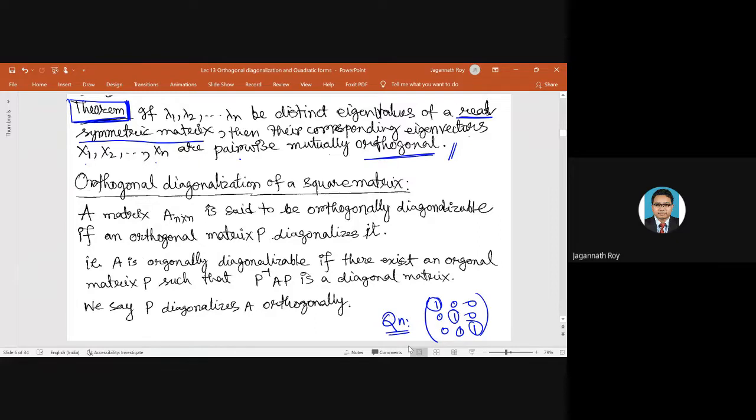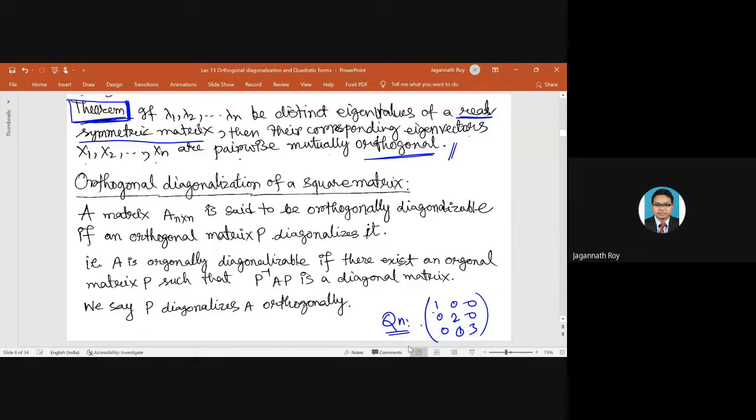If you can make distinct eigenvalues, here they will be 1, 2, 3, all distinct. The vectors that you will get are mutually orthogonal, though not necessarily of unit length.